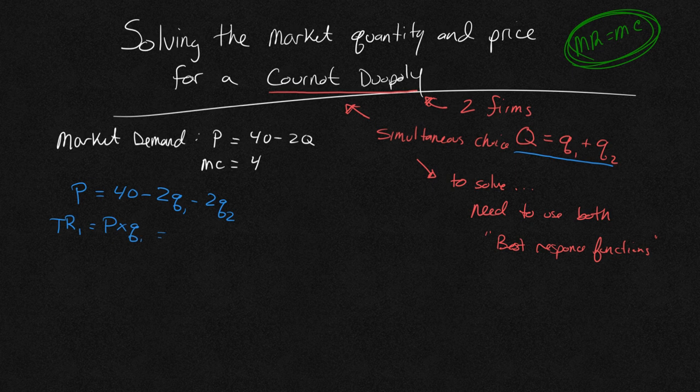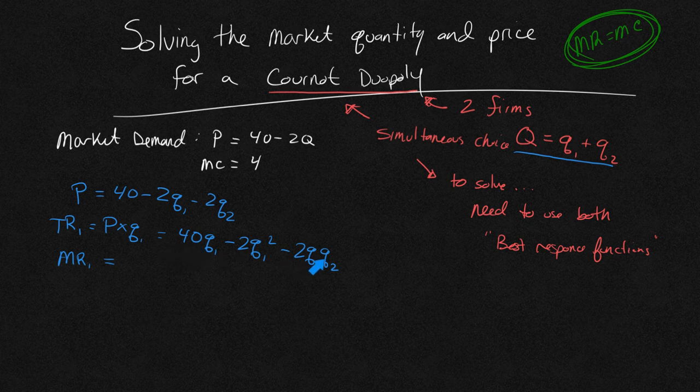So that means my total revenue is going to be 40q1 minus 2q1 squared minus 2q1q2, because I'm just taking this price and multiplying the entire thing by q1. So notice there's a q1 here, a second q1 here, and q1 there. And my marginal revenue now for firm 1 is we're just going to take the first derivative of the total revenue with respect to q1.